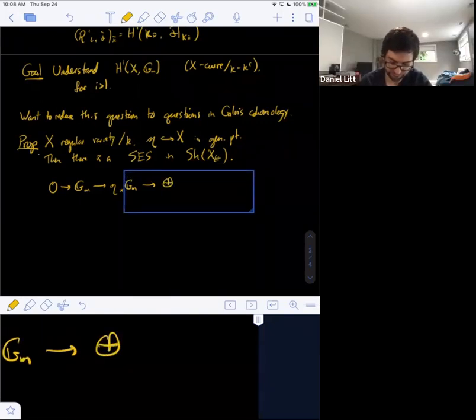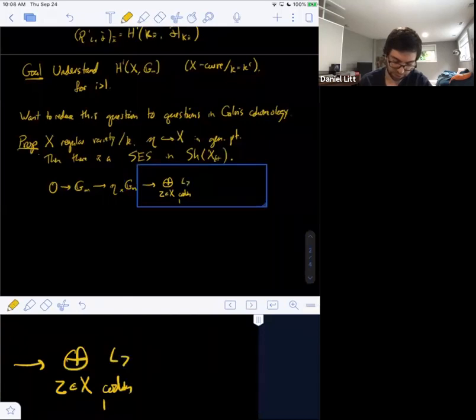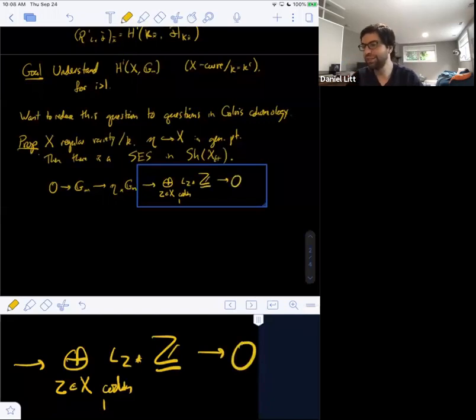So one way of writing this is the direct sum over z in X of codimension 1 of iota_z lower star of the constant sheaf Z. And the constant sheaf Z is something a little weird that we haven't really thought about in this class yet, but we'll think about it now.